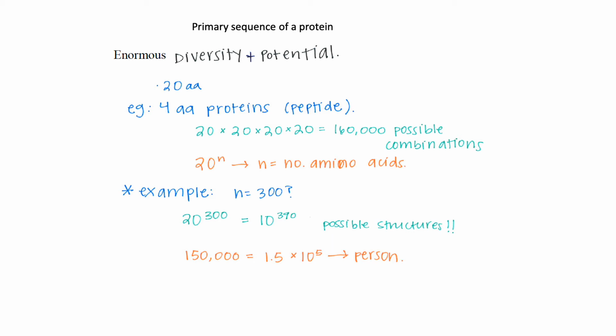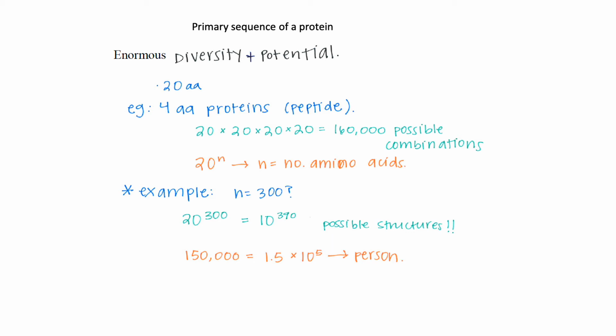Now, to make a person, the estimates vary. I've written here 150,000 proteins can make a person. It may be as high as 500,000. So that's 10 to the 5th proteins. If it's 500,000, it would be 5 times 10 to the 5th.